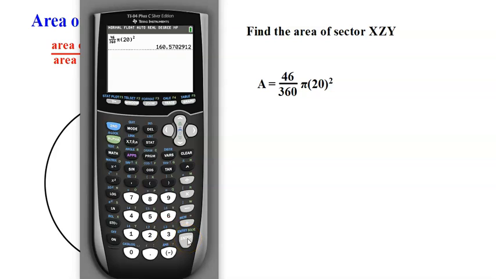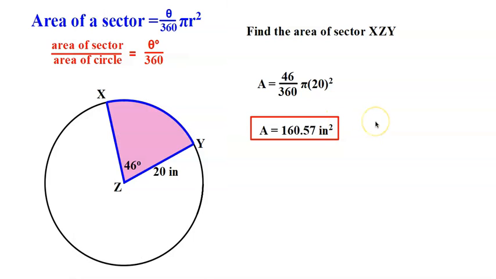And we get 160.57 and so on, so we'll round that off. The area is approximately 160.57 inches squared. Not too bad.